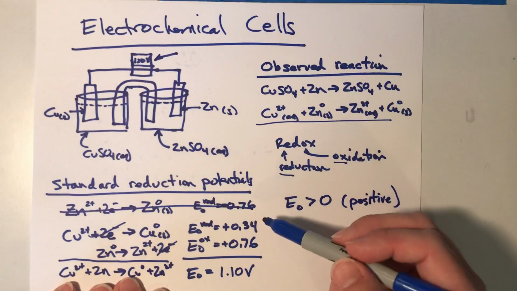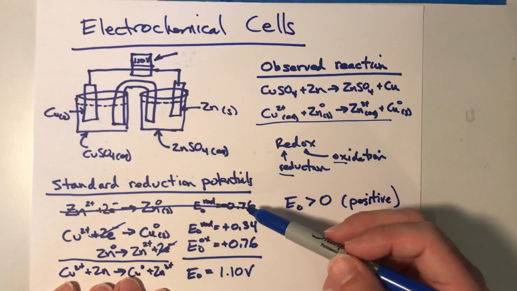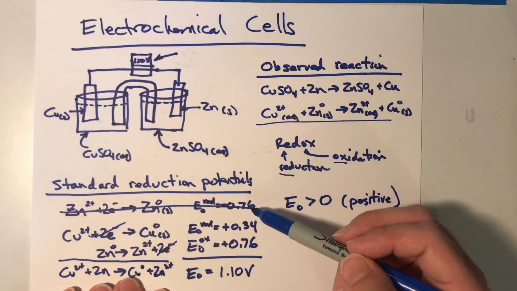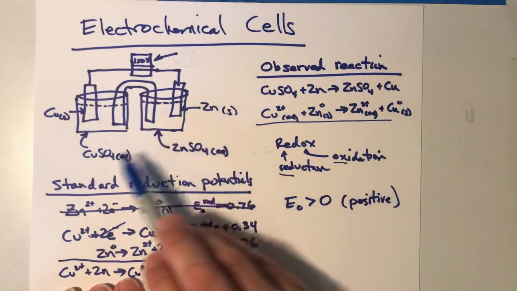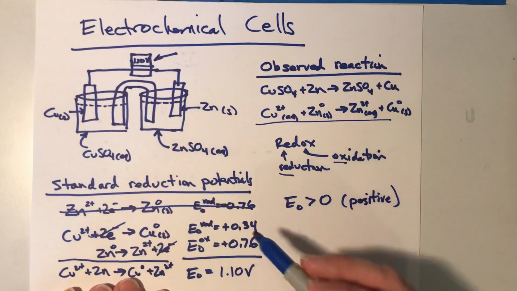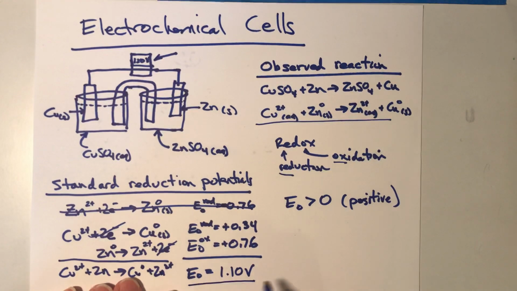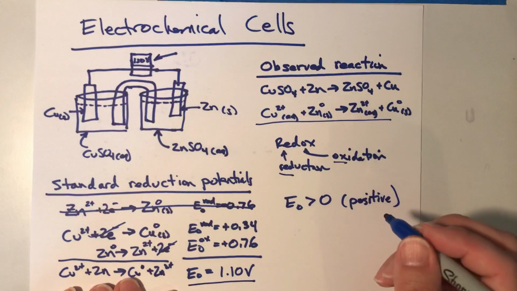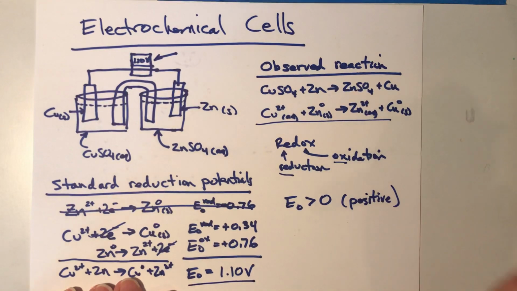So every time you have a given reaction, you're going to look up the reduction potentials associated with the things that are actually in your cell, and then you're going to flip one of them such that when you add them together, you get a positive E naught value. And that's how we're always going to be able to predict the outcome of an electrochemical cell.